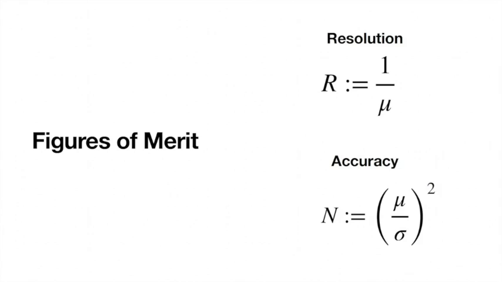And in the limit of going to infinity, this can be interpreted as the number of ticks this clock can tick on average until the uncertainty between two ticks gets as large as the average distance between two ticks.